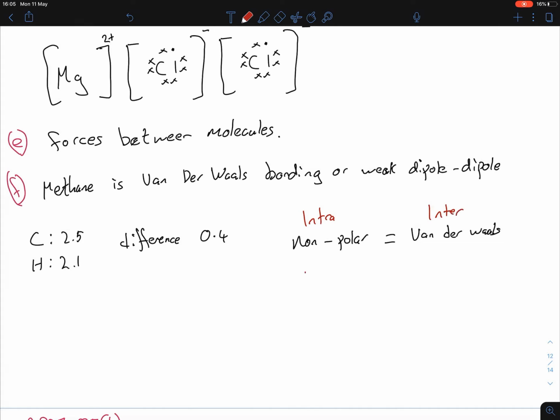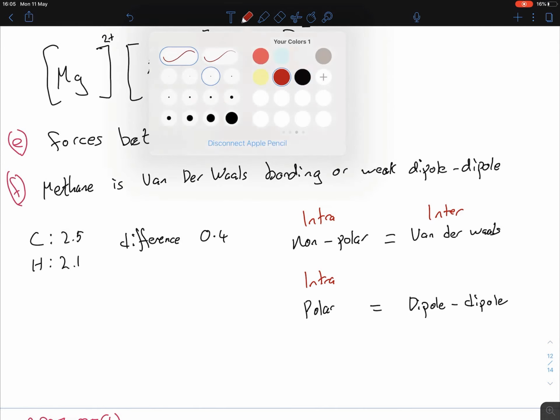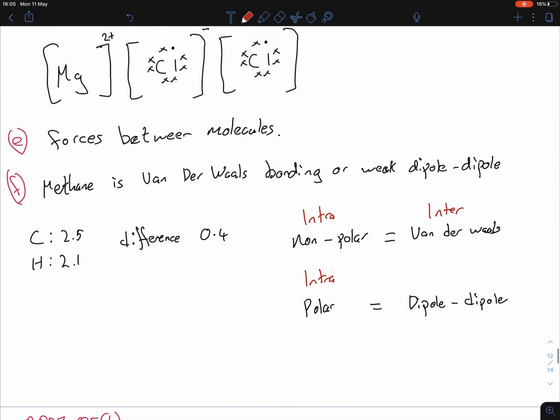Okay, and then if it is polar, and again it's polar covalent, non-polar covalent, then that usually equals dipole-dipole. Now, obviously, we'll have to check there now, guys, if hydrogen bonding is coming into it, which it is for water. We'll explain that now in a second. So intra, inter. Okay, so that's how I did it.